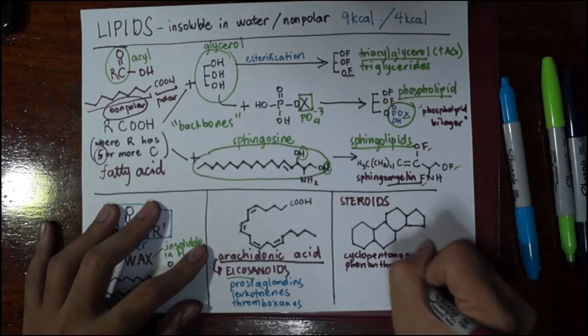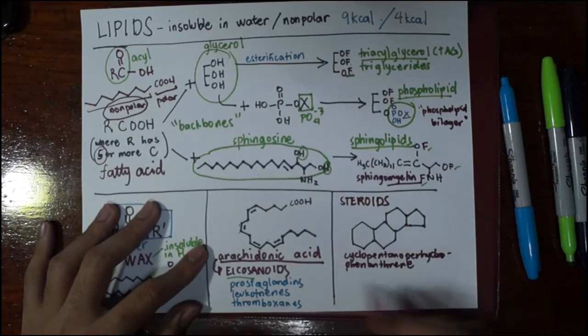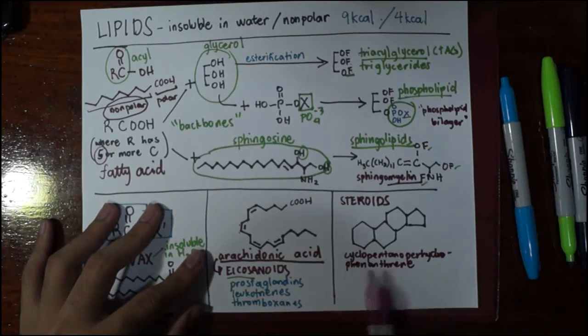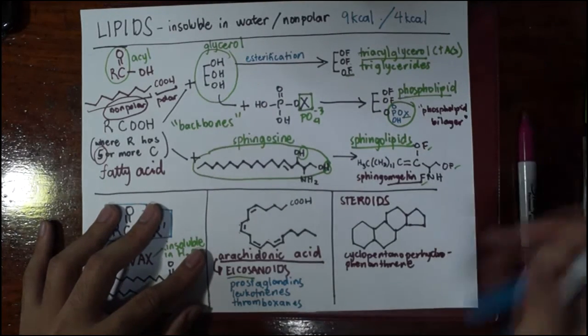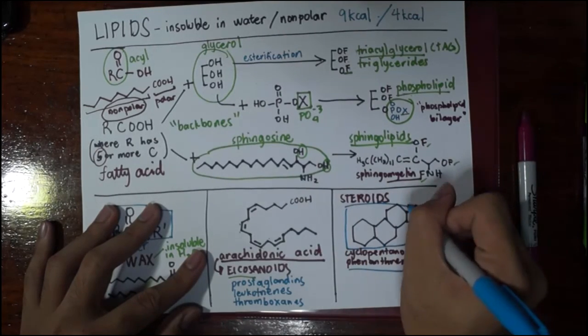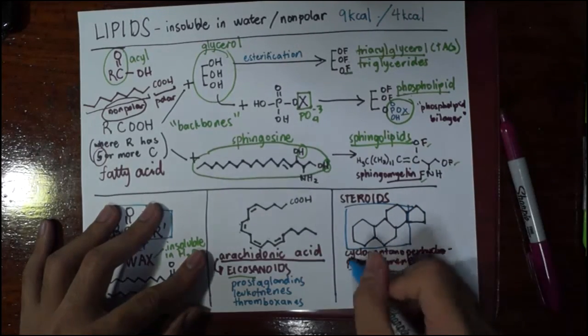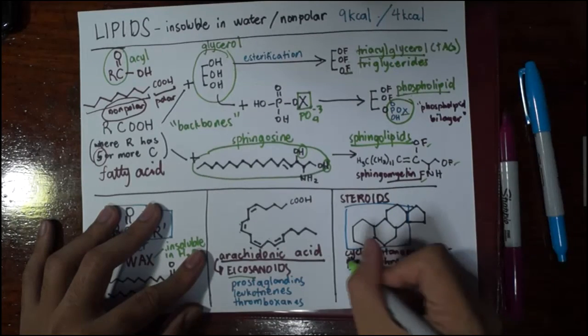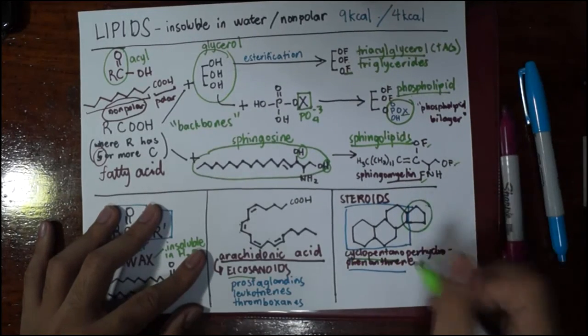Phenanthrene. So to cut the name down, because it looks very long, phenanthrene here is actually the portion here. Phenanthrene refers to these three six-membered rings here. Cyclopentano, of course, referring to the cyclopentane here.